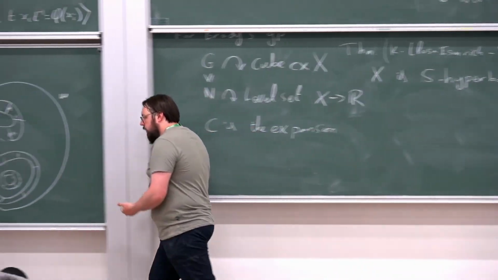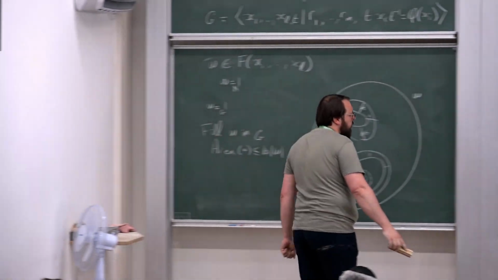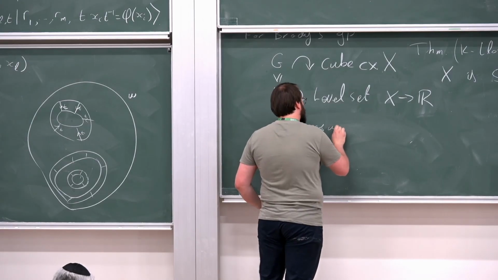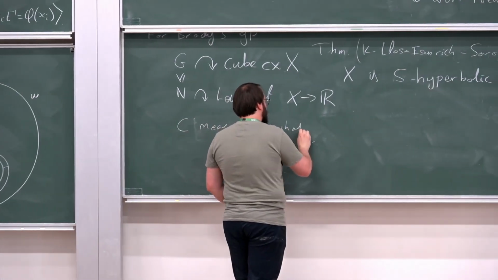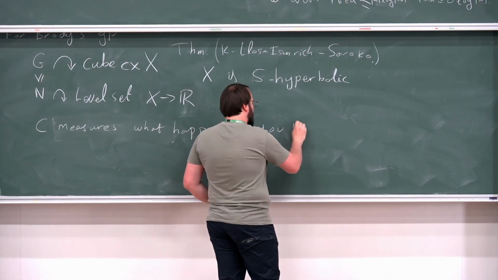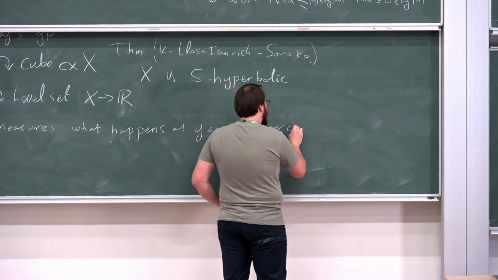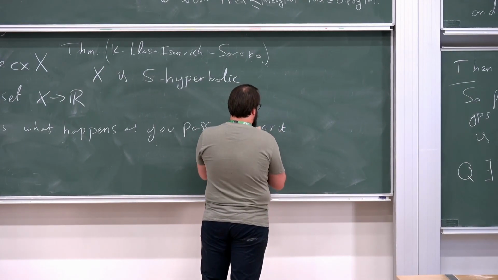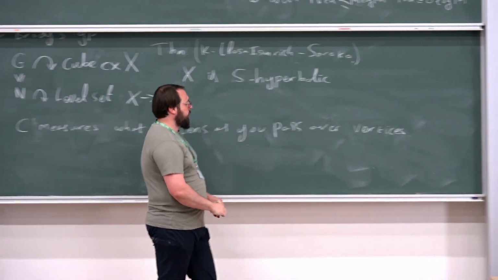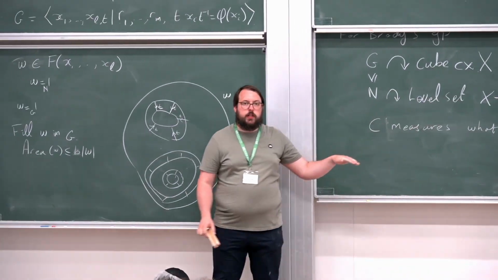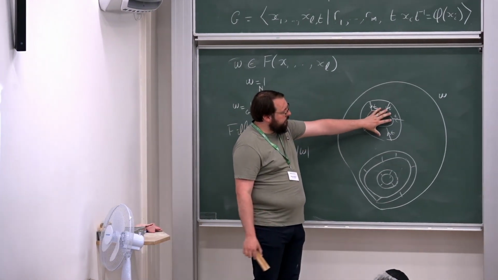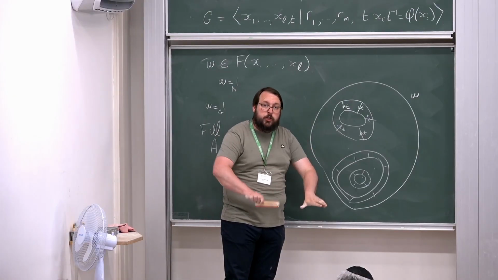Well, C measures, say it like this, C measures what happens as you pass over critical points or vertices. Okay, so when you have this filling, the idea is that by cutting these T rings out and gluing something in, you're pushing things down.